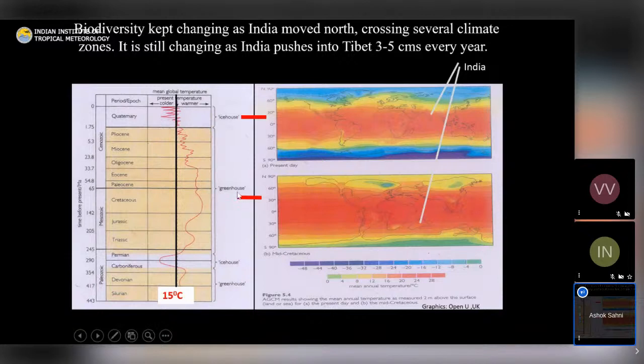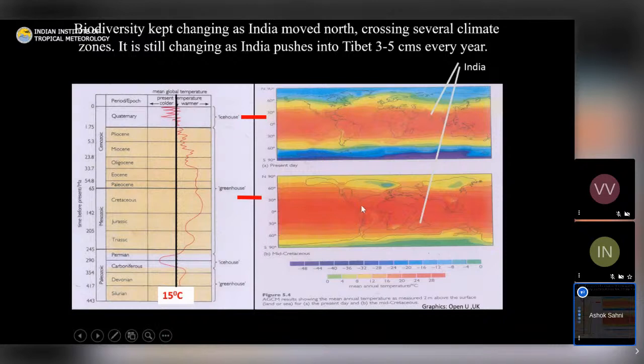So if you look at some time here, let's say 100 million years ago or so, the Earth looked very different. When India had its fauna and flora at this point of time, the Earth was very different to what it is today. Today, the Earth is in an ice house, as you can see, and in the Mesozoic and far in the past, it was actually a greenhouse Earth.